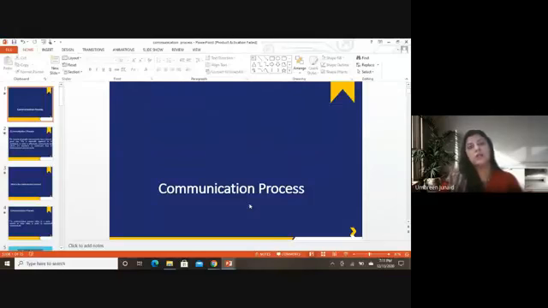Then we discussed the different functions that communication serves. And yes, a very important thing, we discussed the types of communication, if you remember, and I guess you all must remember. What were they? They were non-verbal communication, verbal communication, written, and virtual communication.